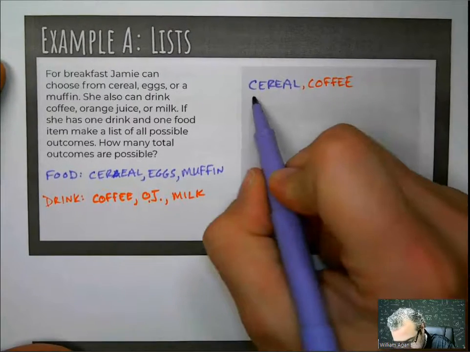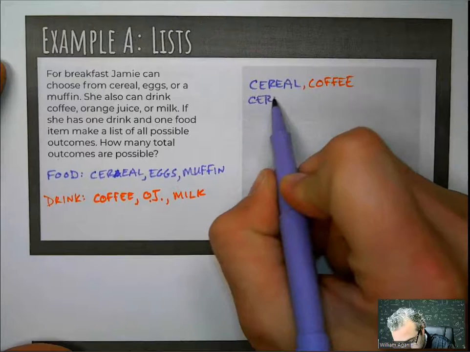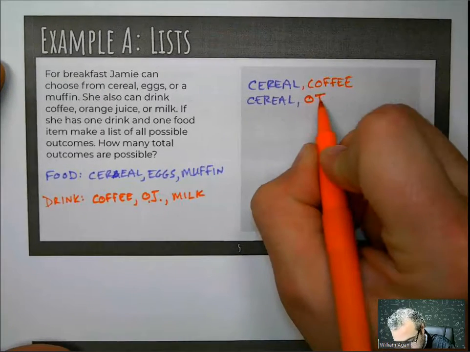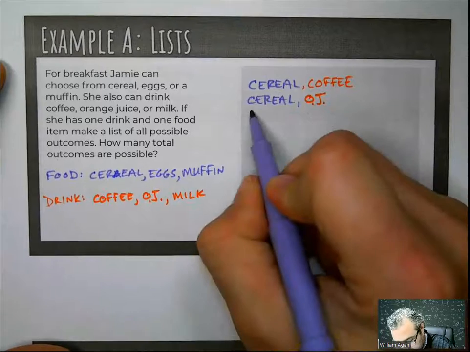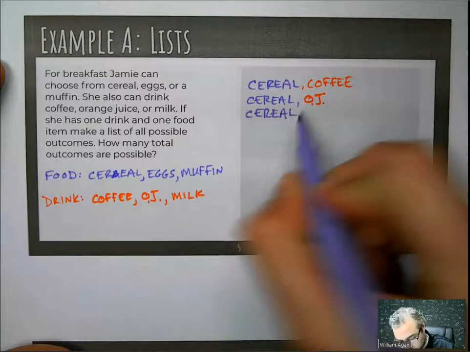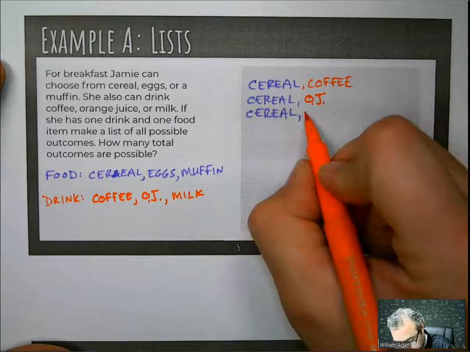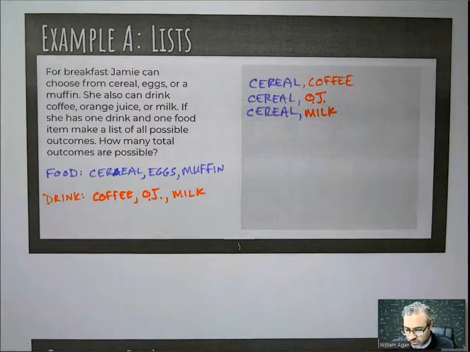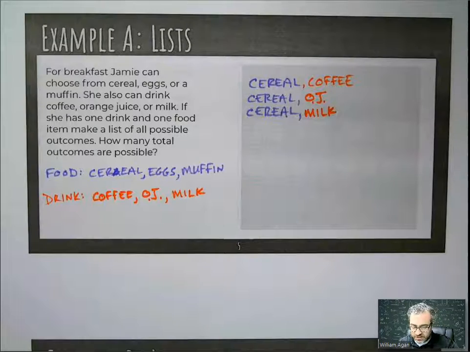Or she could have cereal with OJ. Or she could have cereal with milk. Okay, those are all of the choices, all of the outcomes if she chooses cereal.